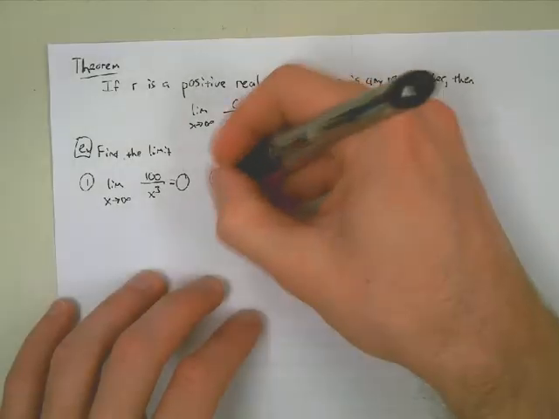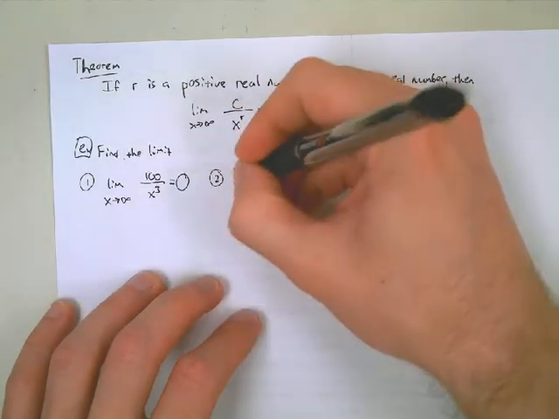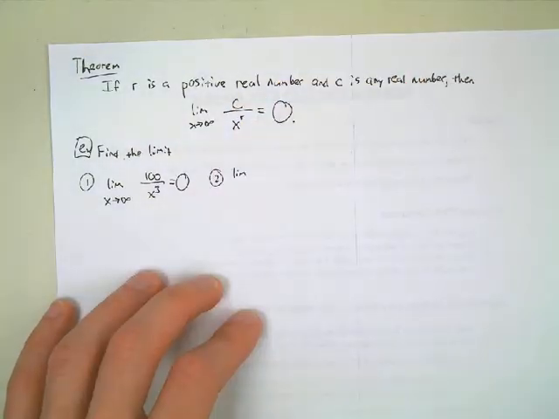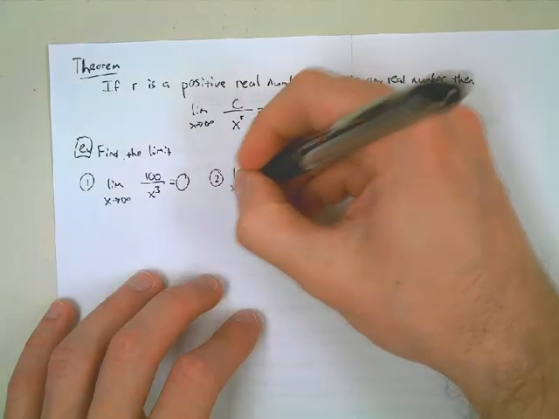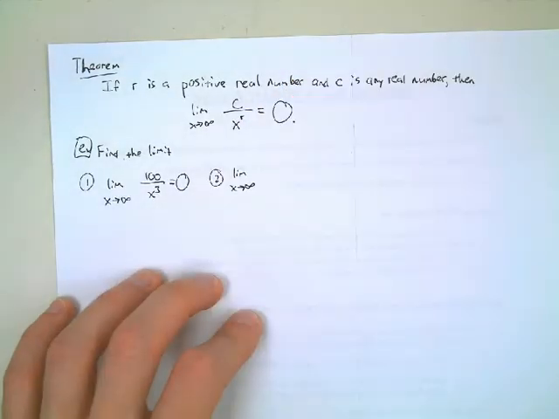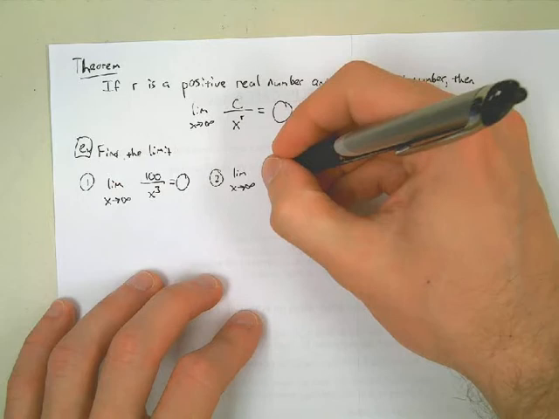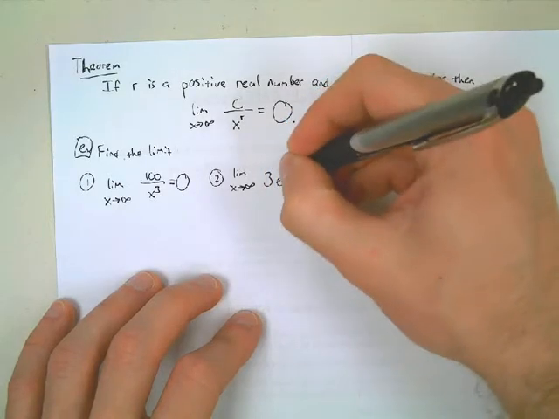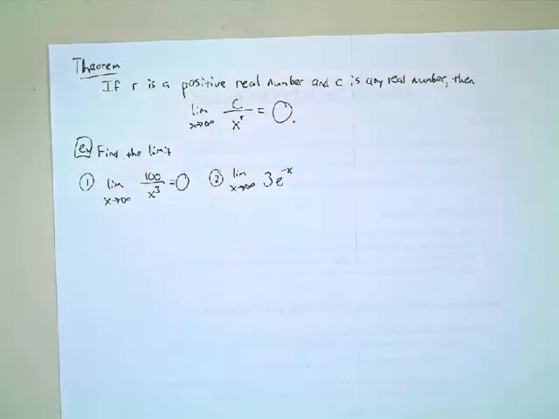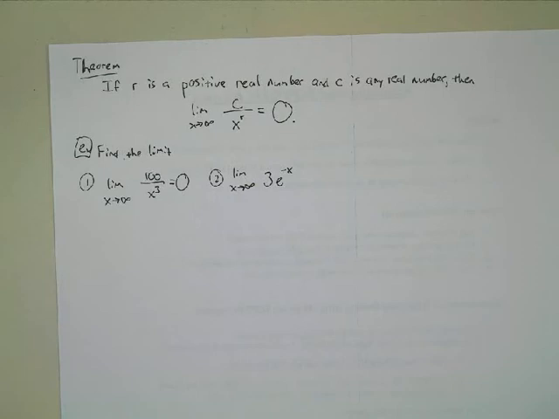The limit as x approaches infinity of 3e to the negative x. We might look at this and think, maybe negative infinity?